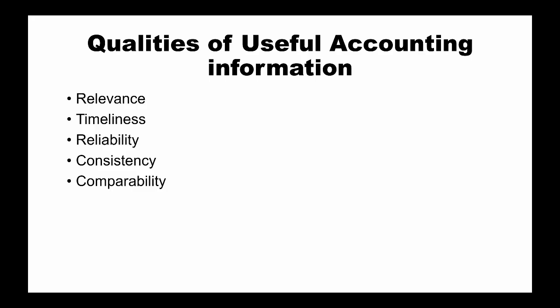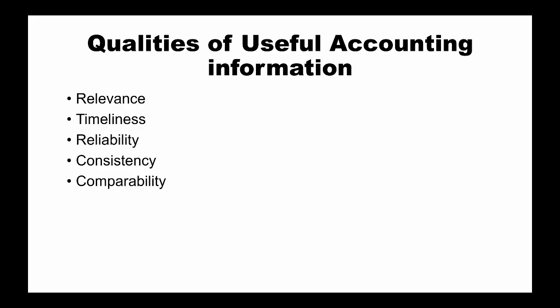Then it has to be reliable. If accounting information is not reliable, it cannot be used to make quality business decisions. Then it has to be consistent. This will help in useful decision making.